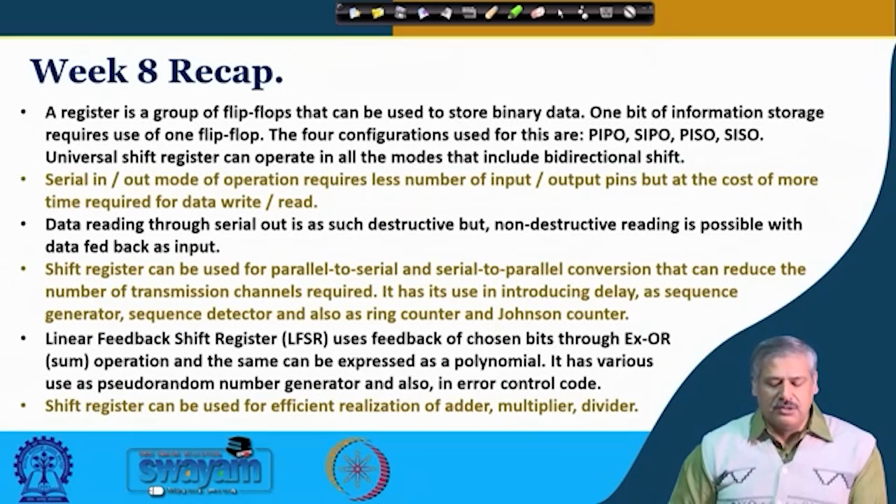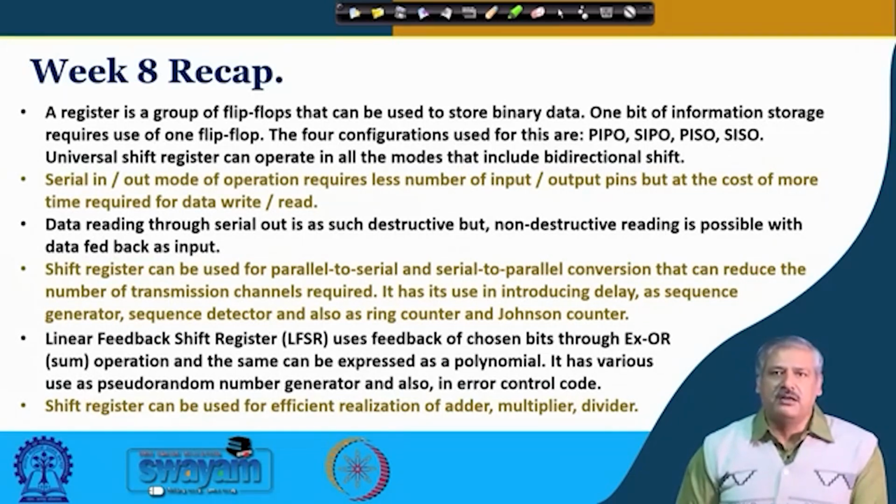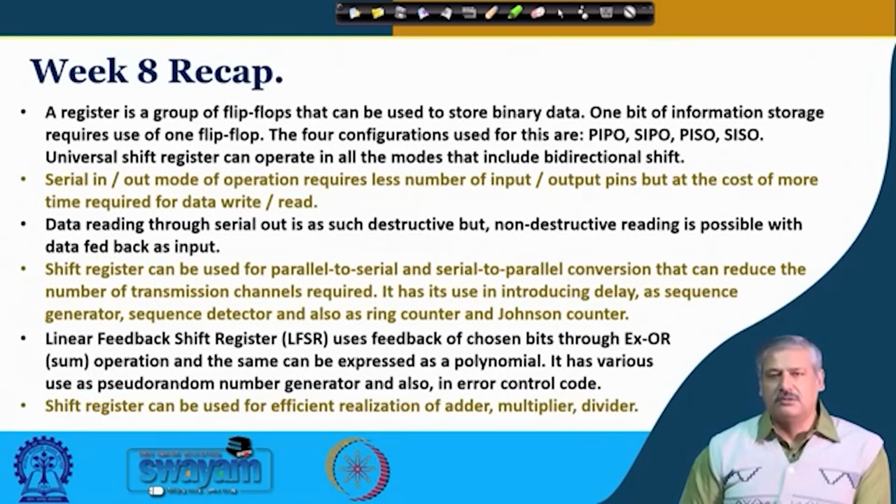And we also noted that for serial data out, the way we read the data is destructive, but if we feed the data back, then the data can be restored, rewritten in the shift register. And we saw various applications of shift register: serial to parallel, parallel to serial conversion, and using that for serial to serial communication, which reduces the number of transmission channels required.